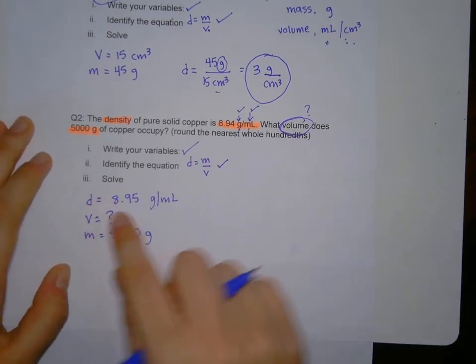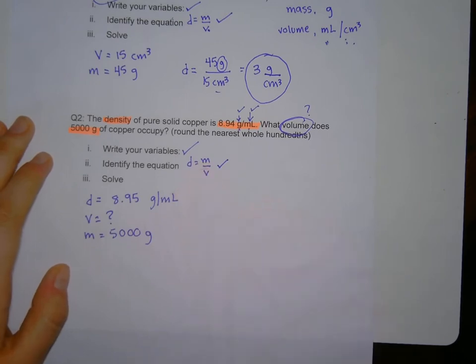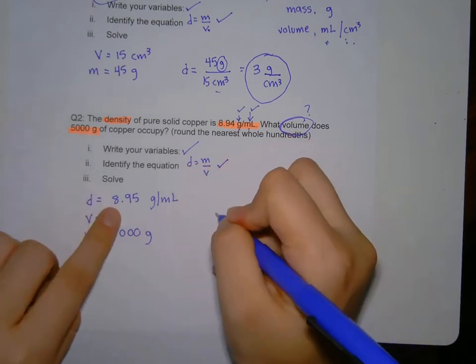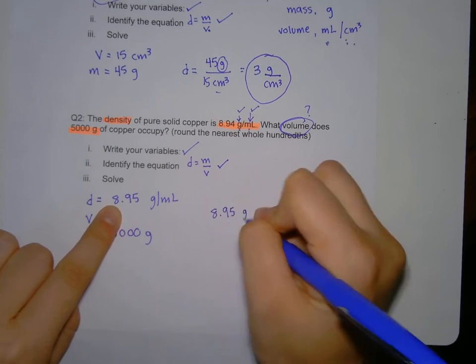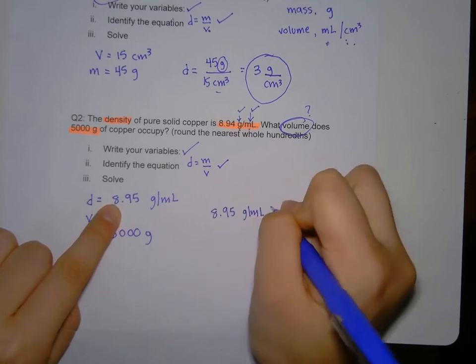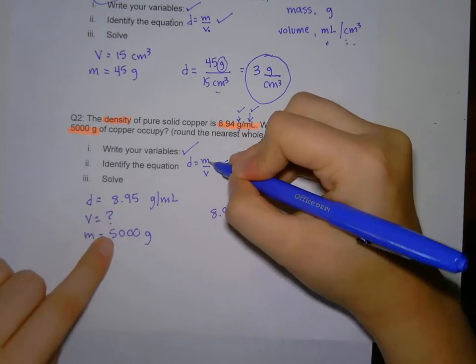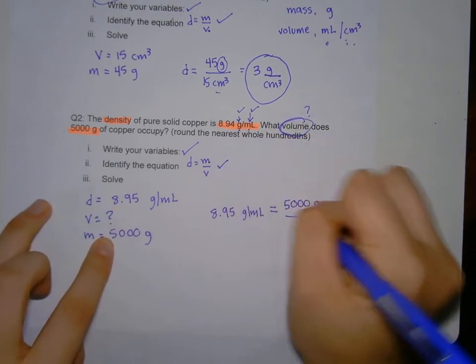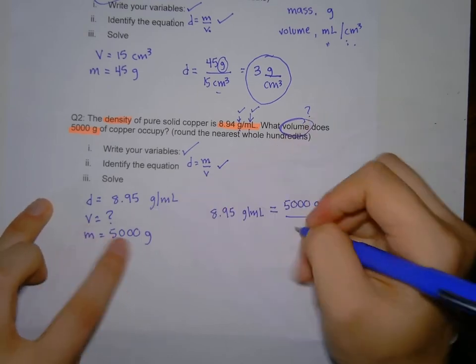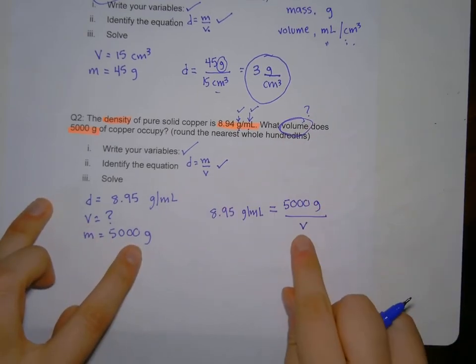So I have to plug these things into my main equation. So density, this time I know it, is 8.95 grams per milliliter, equal to mass, 5,000 grams, over volume. And I don't know volume, so I'm just going to leave it as V for volume.